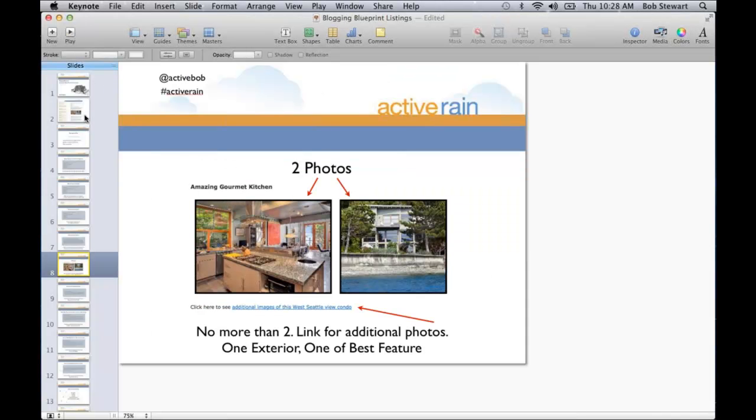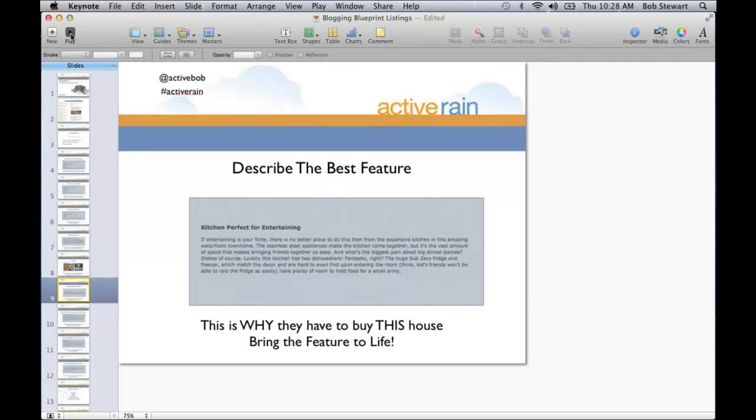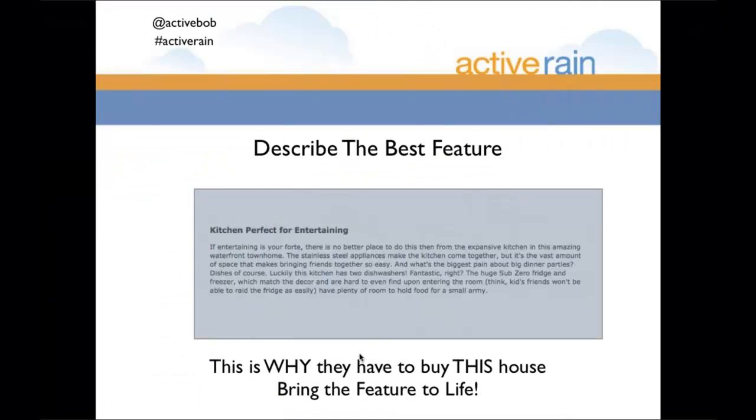Now, what you're going to do then is your next paragraph, okay, you're going to describe that photo. So in our case, it was the picture of the gourmet kitchen. Okay, I'm going to describe that photo. I'm going to give another paragraph, and it's going to be similar to that. What is it like to live in here? Paint the picture of what somebody could do with this kitchen, right?